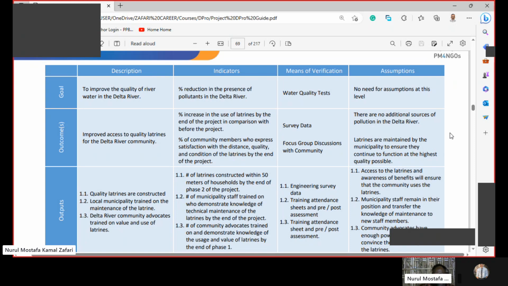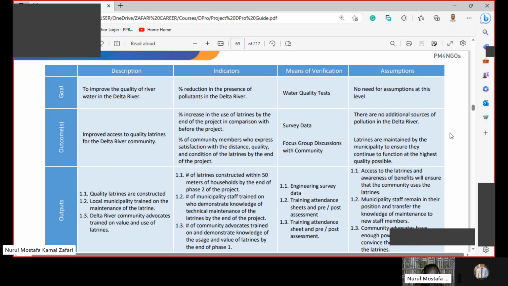Then indicator 3, which is a smart indicator: number of community advocates trained on and demonstrating knowledge of the usage and value of latrines by the end of phase 1. So we have time, by the end of phase 1. We have number, measurable, community advocates.